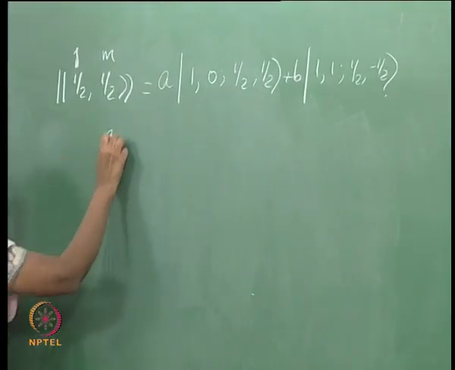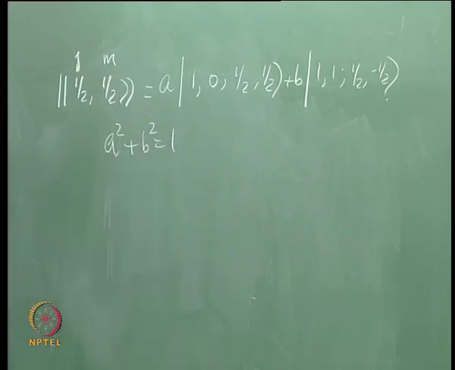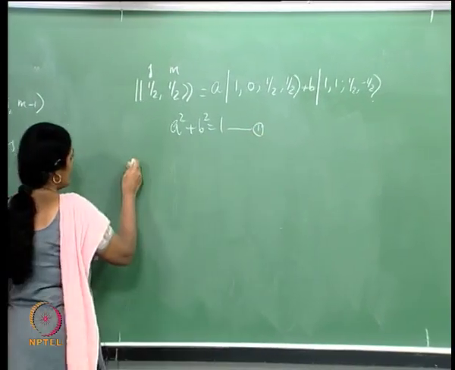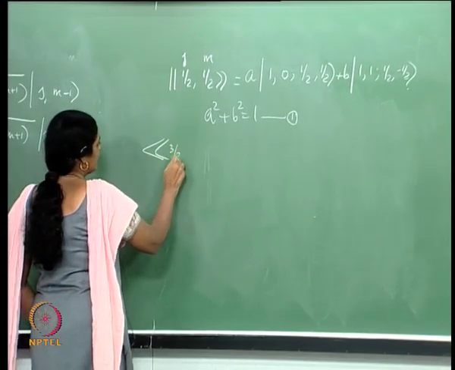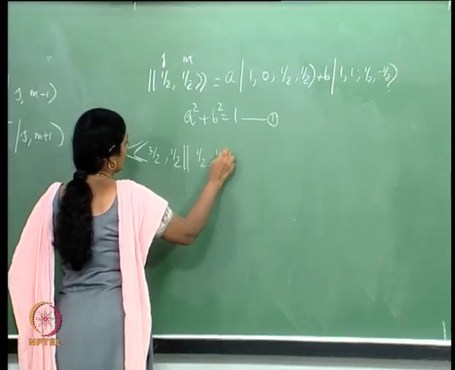Given the fact that A squared plus B squared is 1, I need to determine these CG coefficients. This is easily done because this is one equation. The other equation is this: 3 by 2 half is orthogonal to half half.